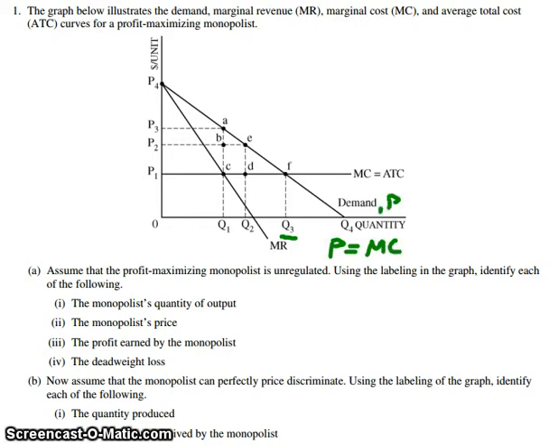So Q3 is the answer for the first part of C. The second part wants to know what the area of consumer surplus would be at this efficient quantity. And remember, consumer surplus is the area below the demand curve but above the market price.